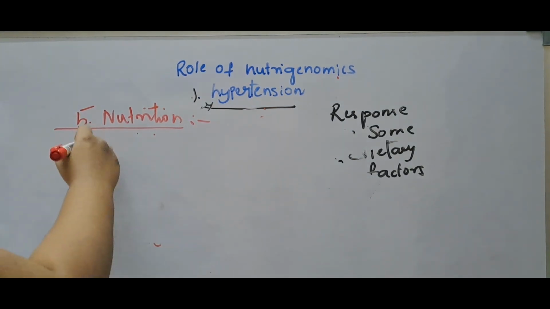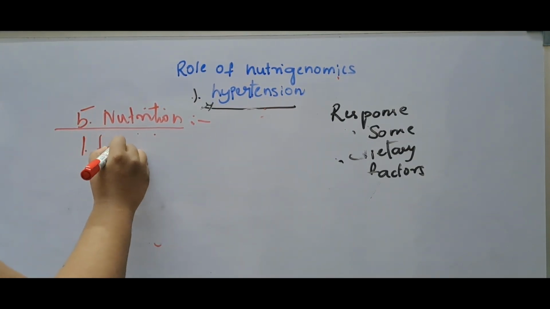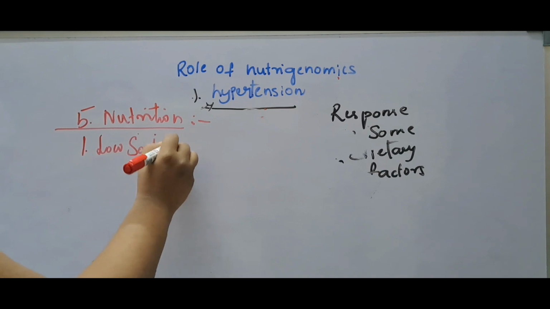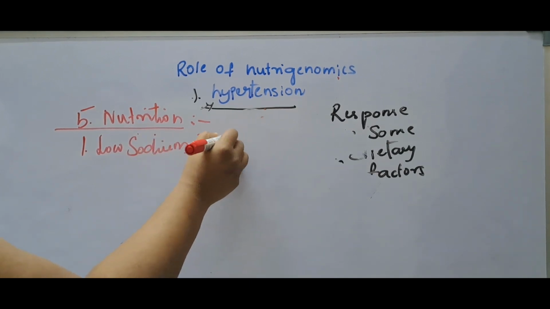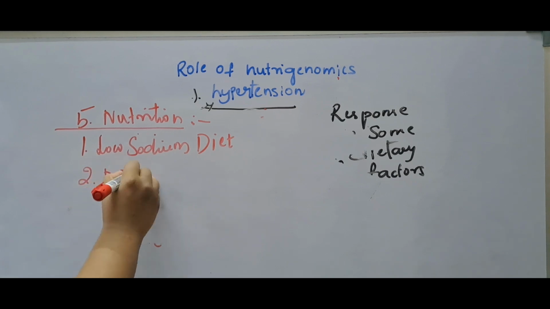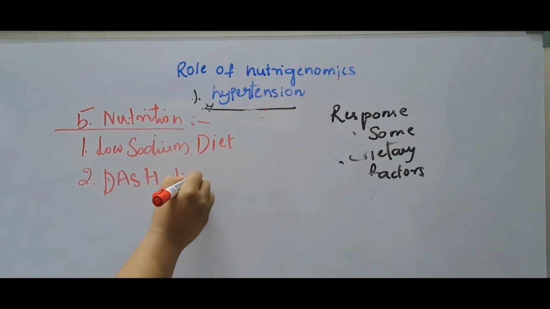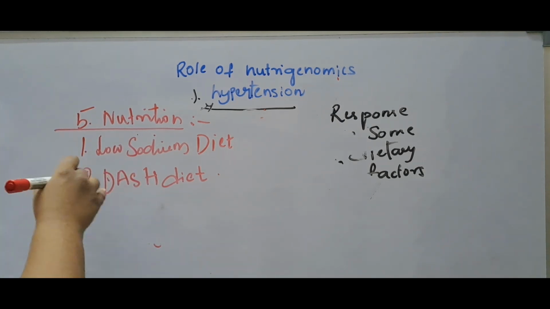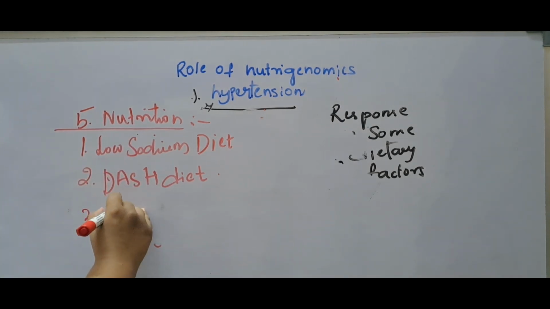So the first thing, we have to give a low sodium diet. Okay, and the second, we will prescribe the DASH diet. Obviously we'll give the DASH diet, and also we'll include potassium rich foods.